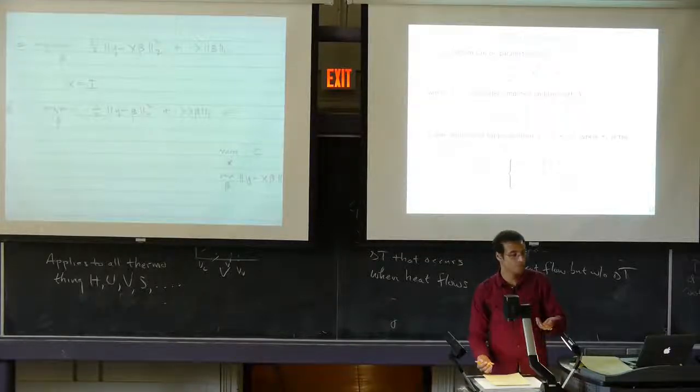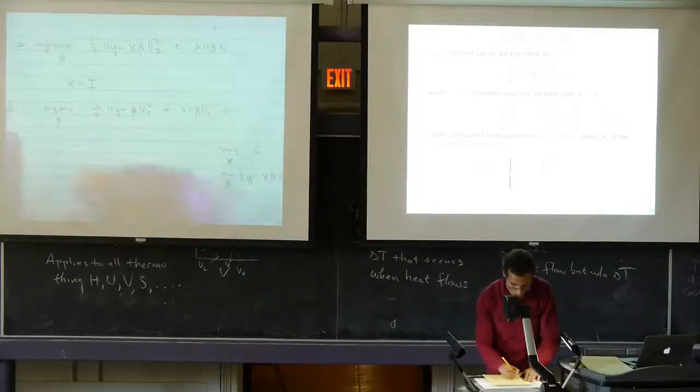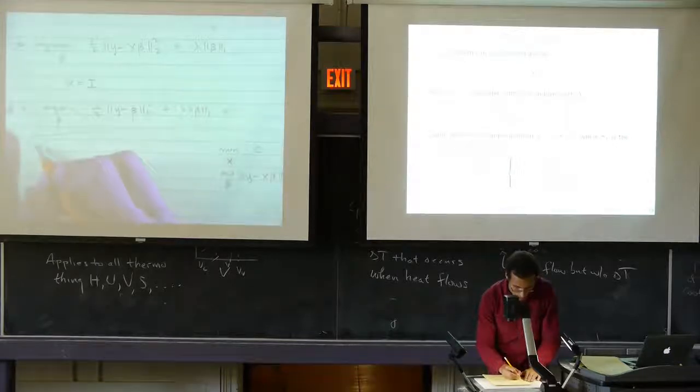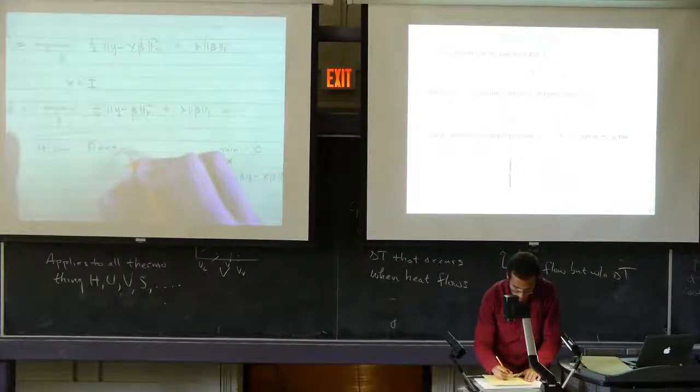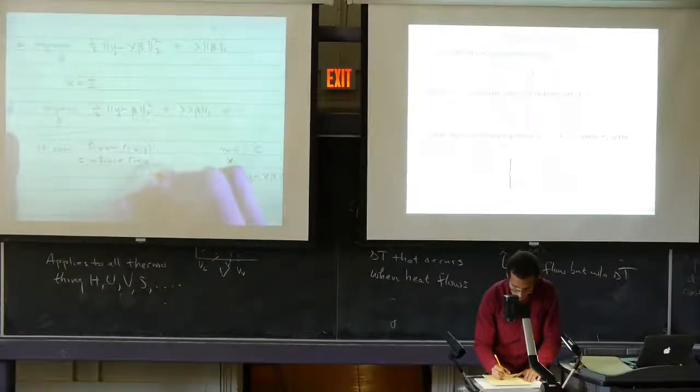For example, if it's differentiable, then its second derivative is always strictly positive. Or just from the definition, a function f is strictly convex if we get strict inequality: f of alpha x plus 1 minus alpha y is strictly less than alpha f of x plus 1 minus alpha f of y.